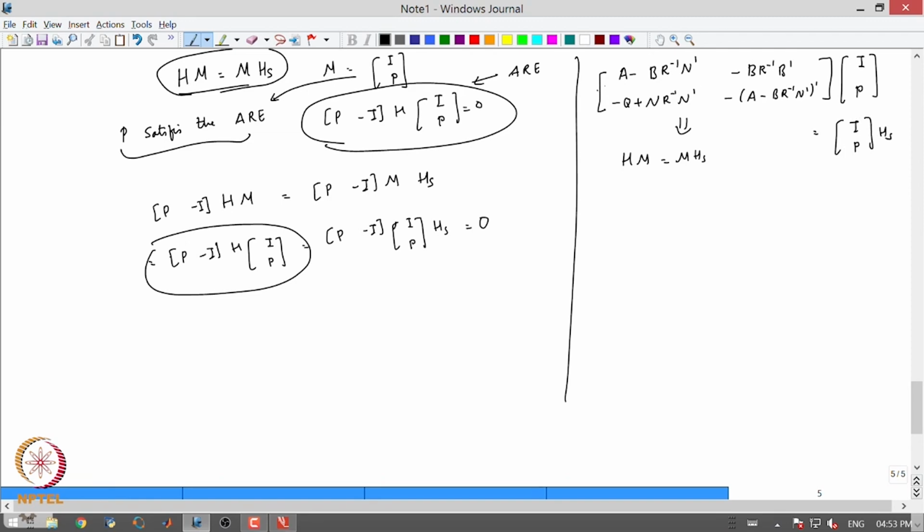Now I am only interested in the first row. So this is A minus B R inverse N transpose, minus B R inverse B transpose P is I times Hs, or equal to Hs.